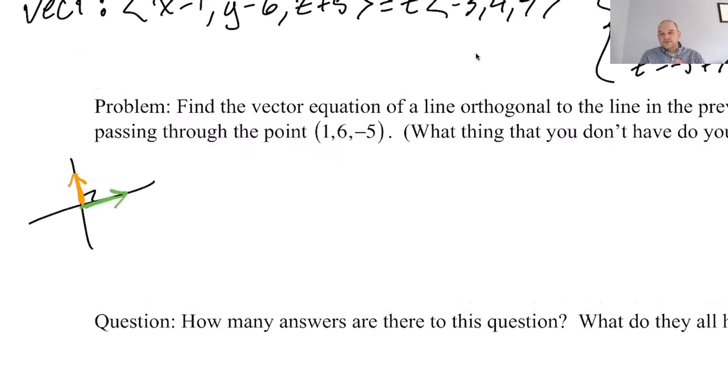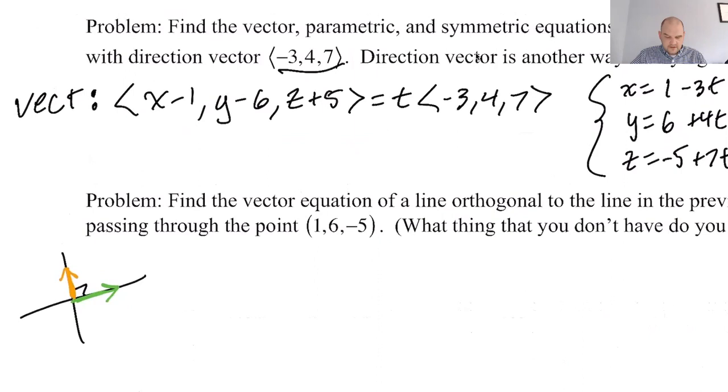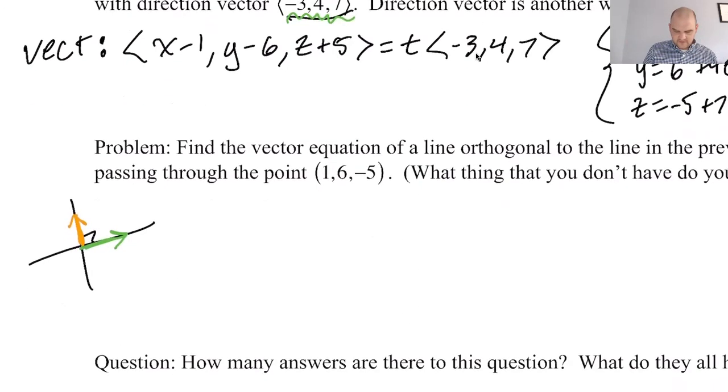So they're orthogonal to each other, which means I need to find a vector whose dot product with this vector is 0. So what I'm going to do is kind of this neat little trick. I'm going to make up 2 of the components of the vector, and then I will solve for the third component. So I know that the dot product needs to be 0. So I'm going to make up my vector. This will be the direction vector for my line.